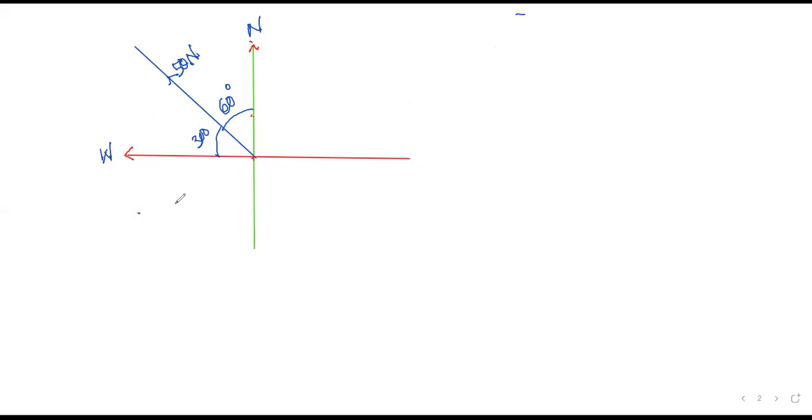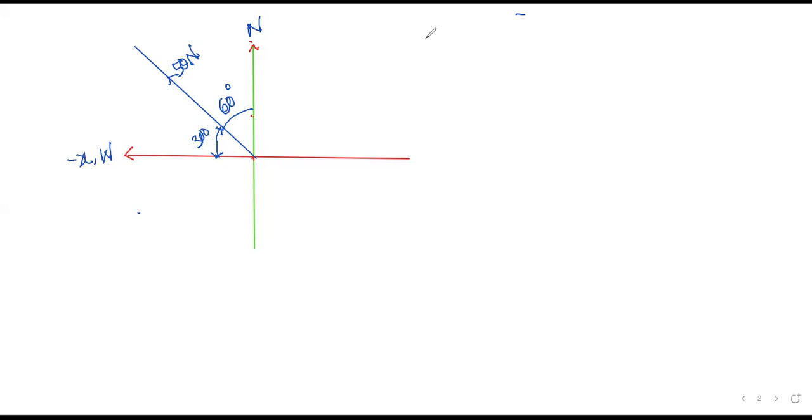Okay, so let's see. My first method is that I want to use the angle it makes with the x-axis. The west is also minus x, don't forget.